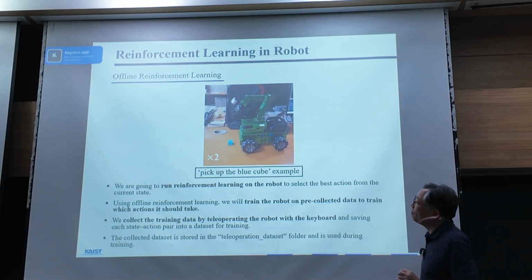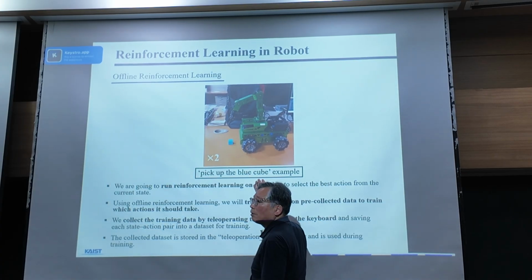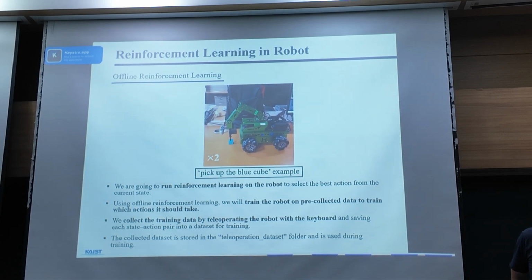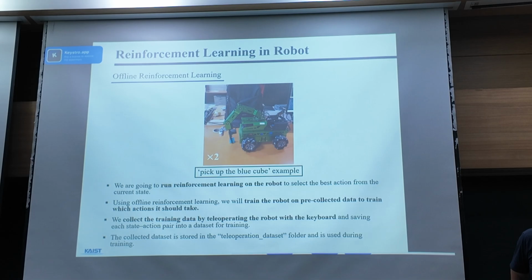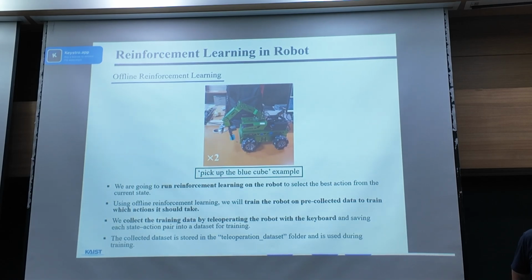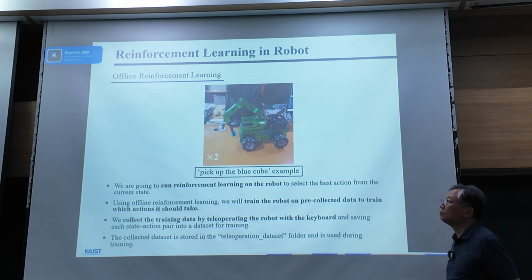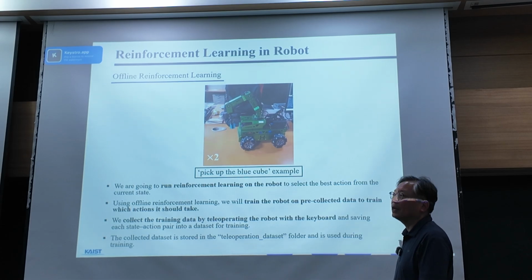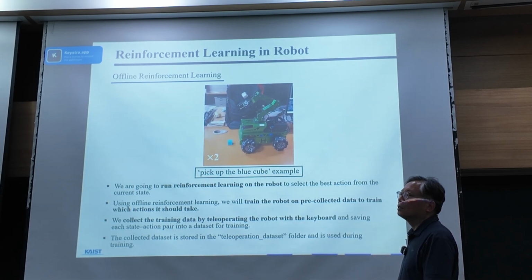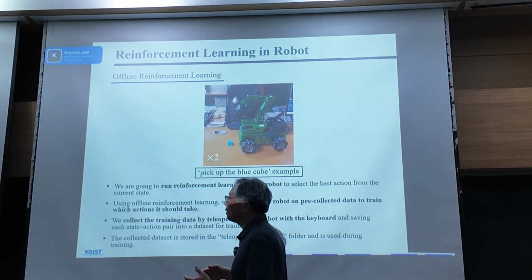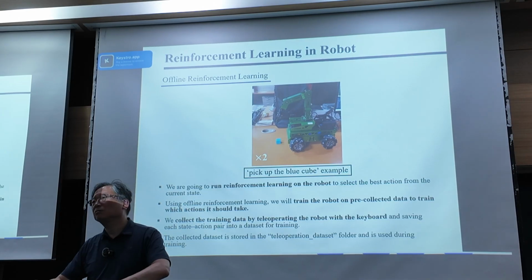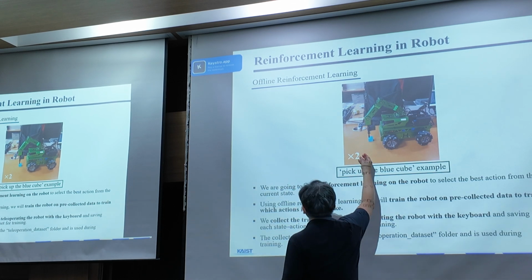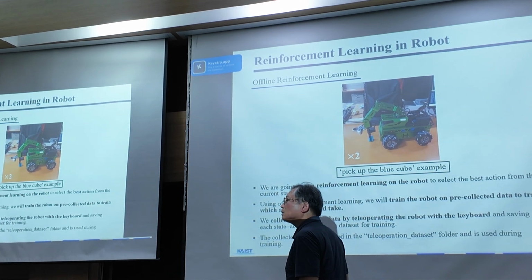So here is an example of picking up the blue cube. This is based on reinforcement learning and the robot that you have. In your project, you're going to be given sort of a maze, different zones, an environment. You're going to be given cubes, different objects.